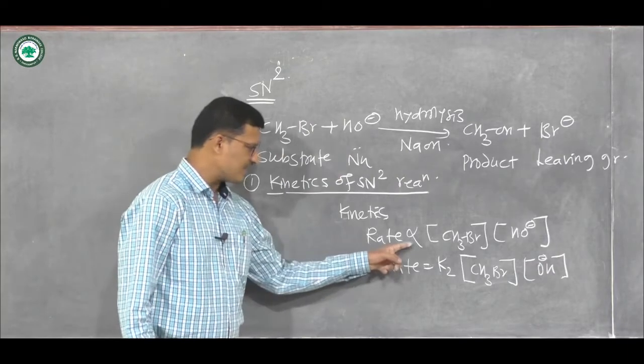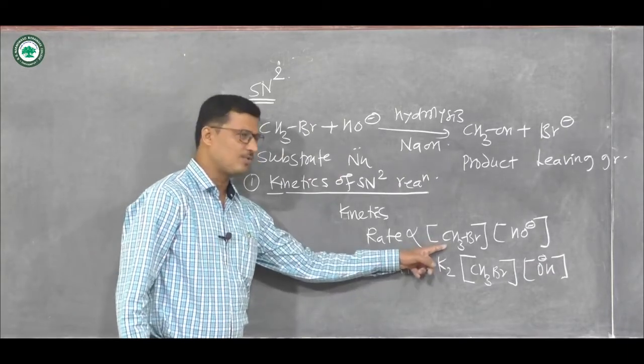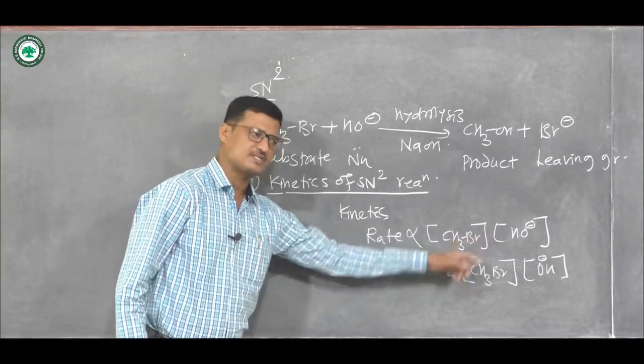The rate of reaction is directly proportional to the concentration of methyl bromide as well as the concentration of OH minus. Then we write the rate is equal to K2 times the concentration of methyl bromide times the concentration of OH minus.